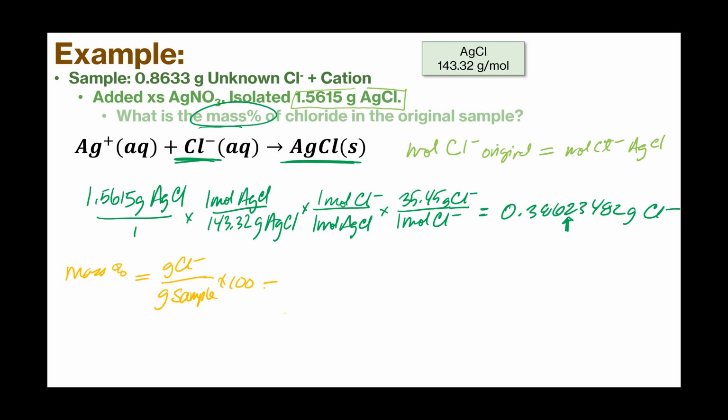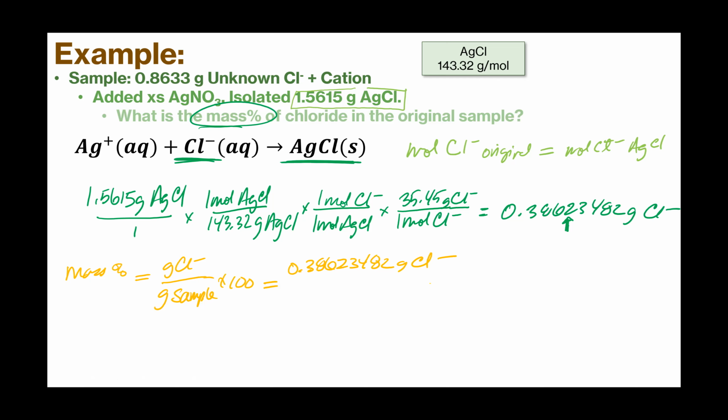Our chloride is 0.386238482 grams of chloride, and our total sample mass is 8.8633 grams.